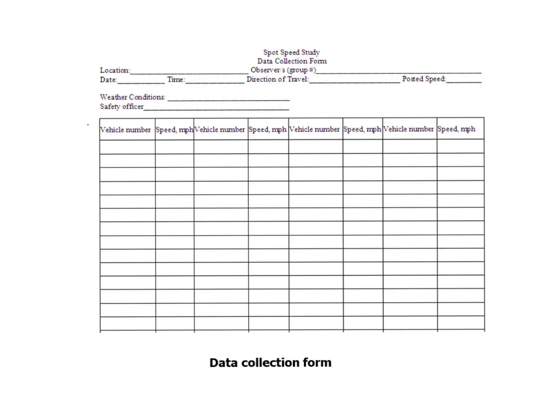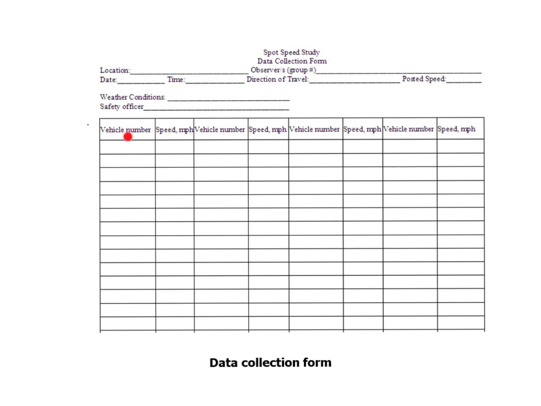This is how the data can be recorded with the help of log sheets. As we have already seen in the vehicle volume survey, similar to that, we need to give the details about the observer, timings, place where it has been recorded, and the weather condition.